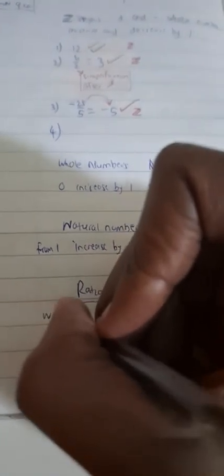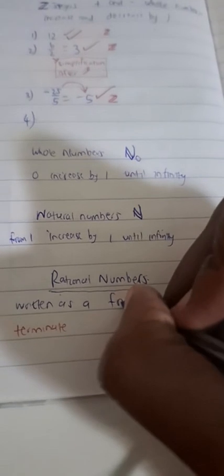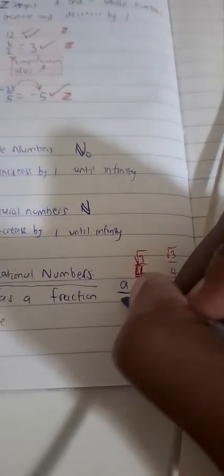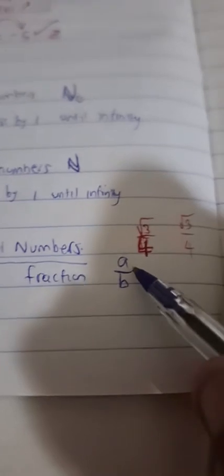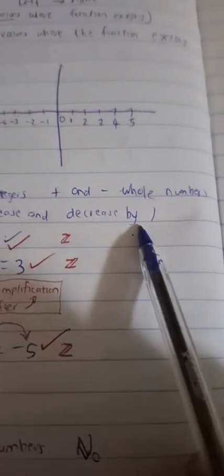Okay, so let's start at the basic. Rational numbers are numbers that can be written as a fraction. But let's explore this fraction. Let's say the fraction is a over b. The a is supposed to be an integer value. Integers are positive and negative whole numbers, which increase and decrease by 1.